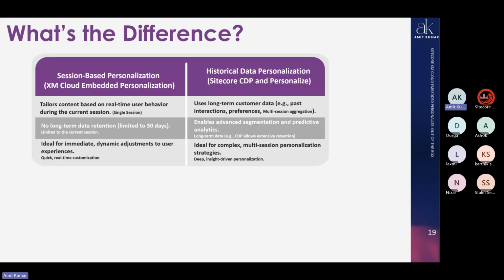Now you can create a custom personalization rule: if the user previously bought these things, then display this offer to the user. Those controls you cannot do with the embedded personalization.